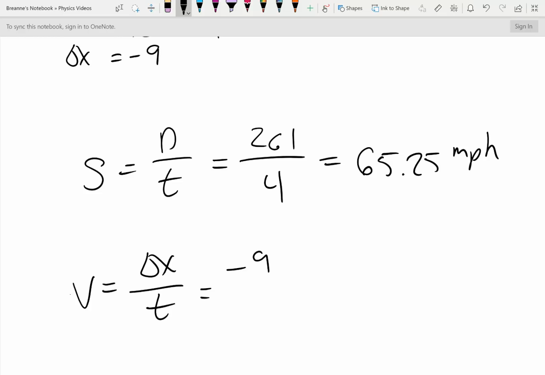Your displacement was -9, your total time was 4. So you do -9 divided by 4, and you get -2.25, again miles per hour. That's why it's called a speeding ticket, not a velocity ticket, because direction matters for velocity.